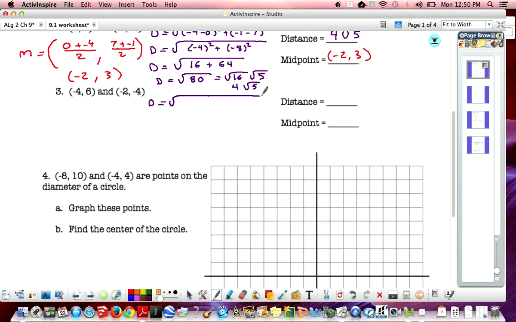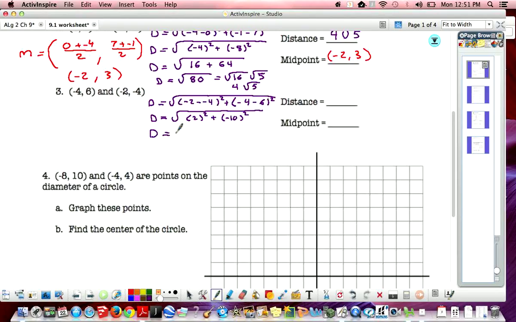Distance is equal to, let's see, negative 2 minus negative 4 squared plus negative 4 minus 6 quantity squared. My distance here is equal to 2 squared plus negative 10 squared.